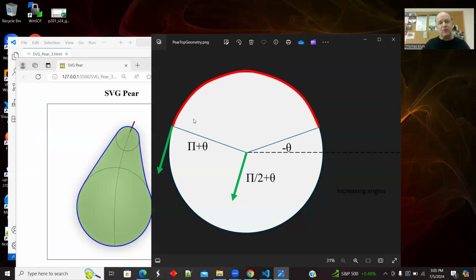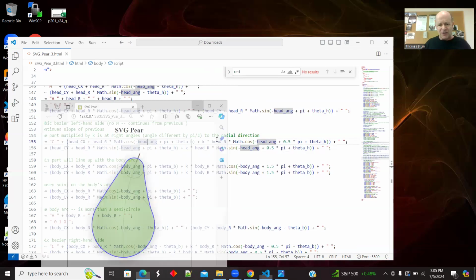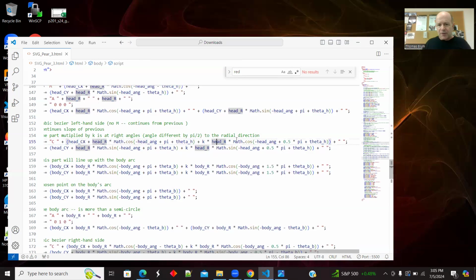That's not what I wanted. This is the one I wanted. But first I get to the red point, and then I add a little bit, k amount, of this green unit vector. Well, not quite a unit vector because I multiplied by head r. Okay, so that is that reasoning, and then the same thing for the y. So that just gives me some smoothness. When I draw my 2 arcs, my arc for my head and my arc for my bottom, I don't want any kinky points where the slope is changing.